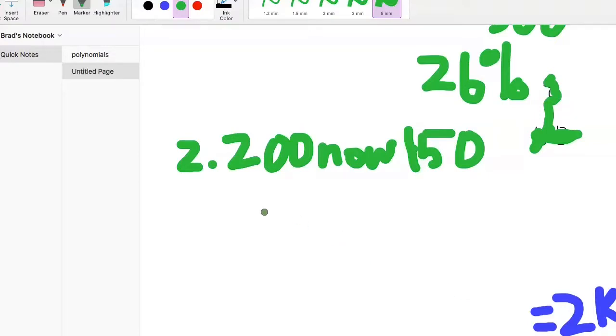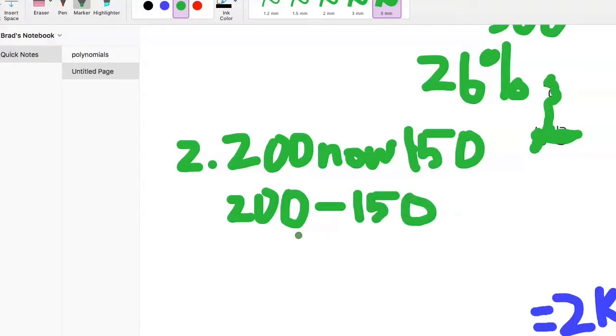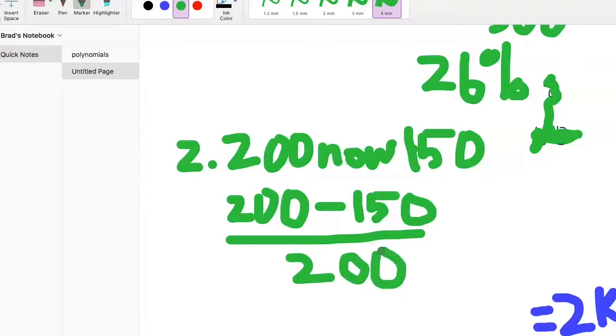So we have old, the old price is 200, minus the new. It's now 150, so that's the new price, divided by the old price. Old price is 200. Got some more old stuff, I need to do a better job of erasing.